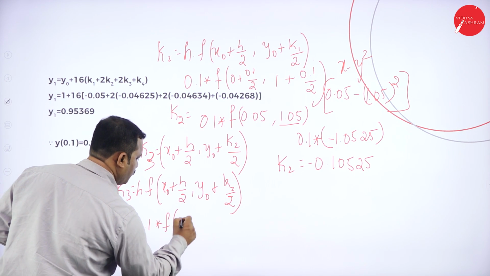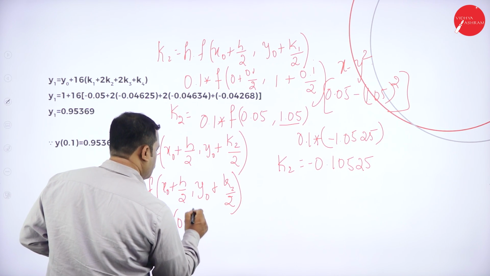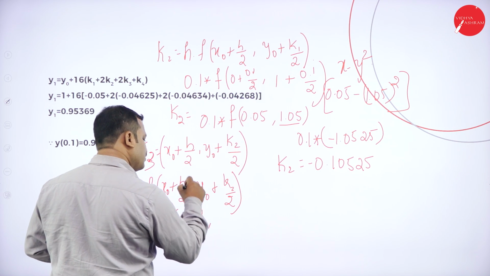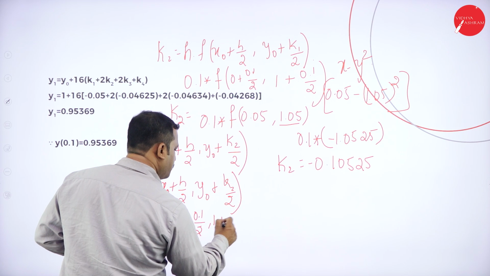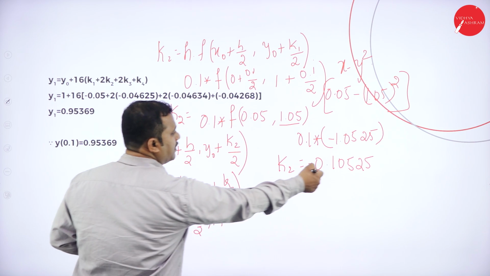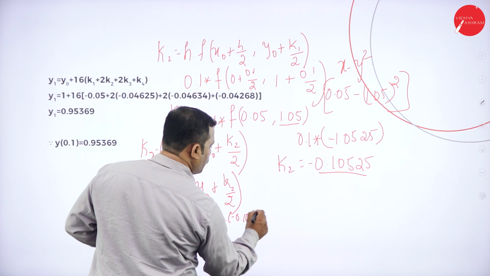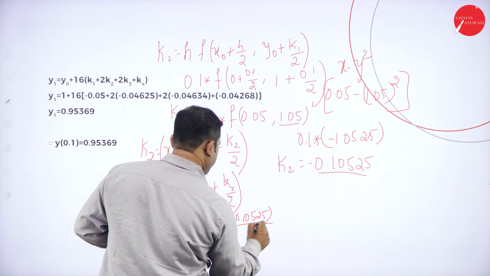0.1 into f of what is x0? 0 plus h is what? 0.1 by 2, comma, what is the value of y0? That is 1 plus the value of k2, which is obtained here, minus 0.10525 divided by 2.